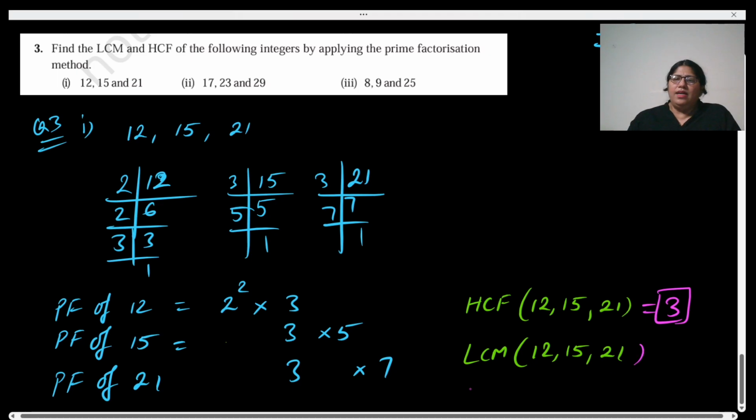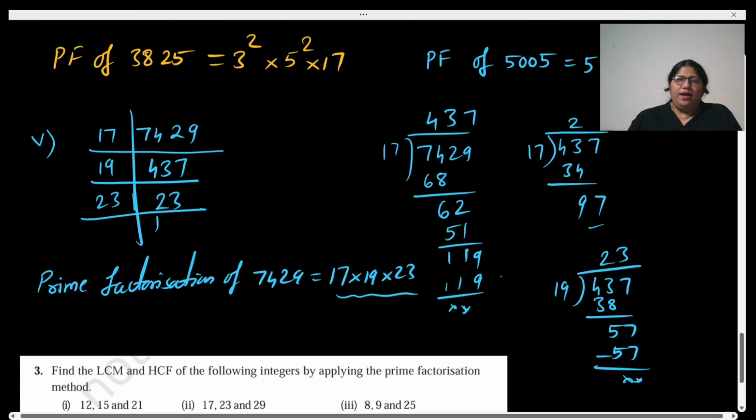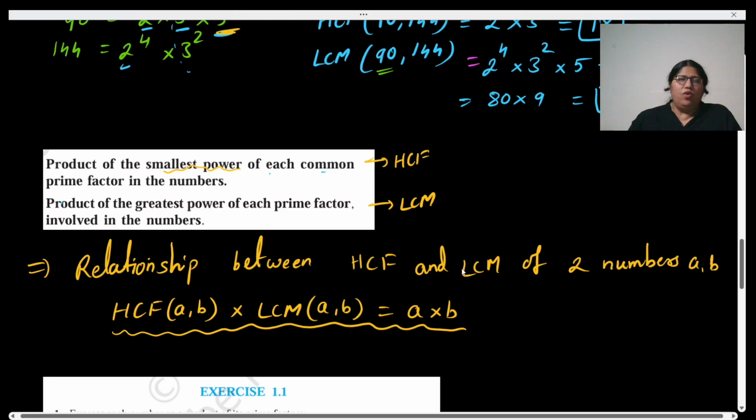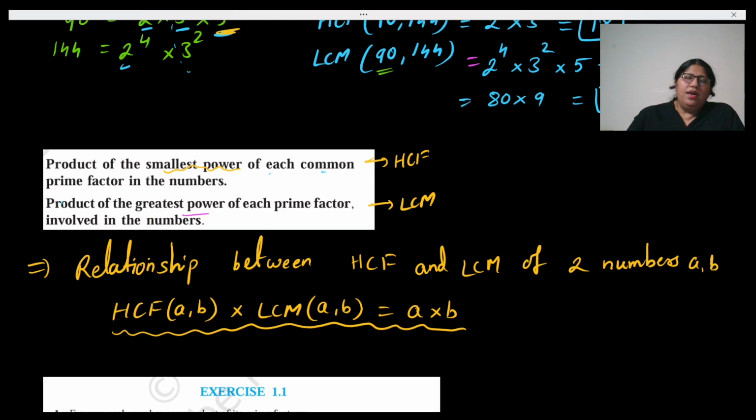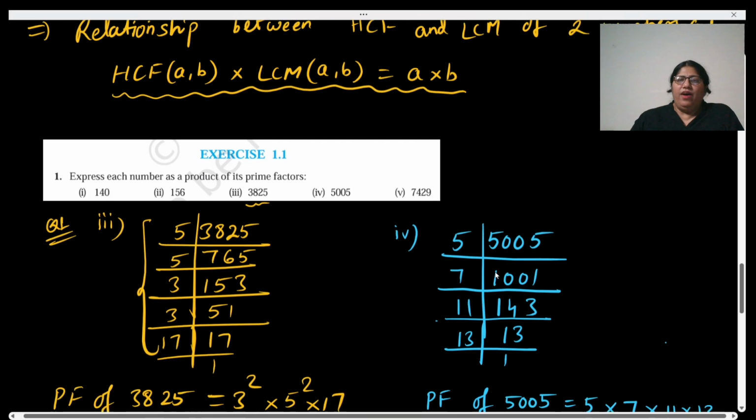Whereas if you are calculating the LCM, you have to take the common one one time, with maximum power, so it is the same, 3 only. So it will be 2 squared times 3 times 5 times 7, because we take all the factors, common and non-common also. It is the product of the greatest power of each factor.